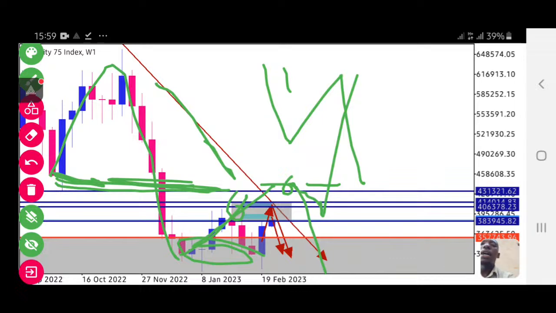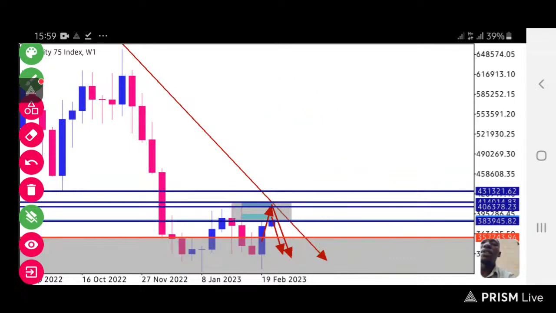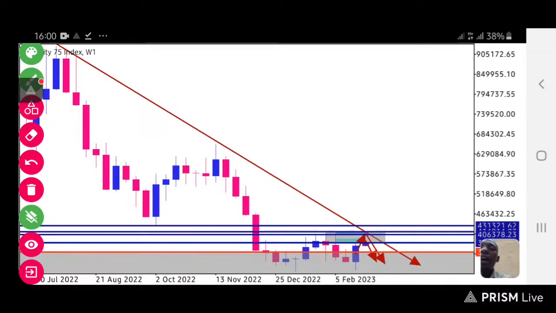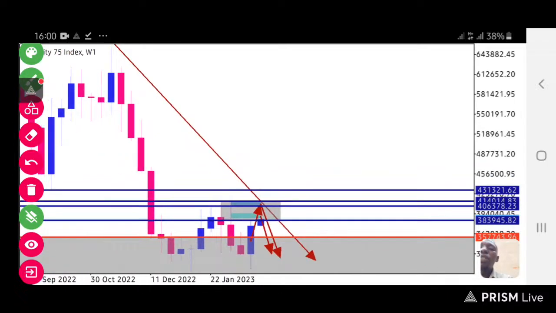All of that we might see in the future, so we shall keep holding and then see what will be next. Right now we have a double bottom in the weekly, and it is confirmed, guys, because you can see this one and this one, and then last week we closed as a bullish engulfing.